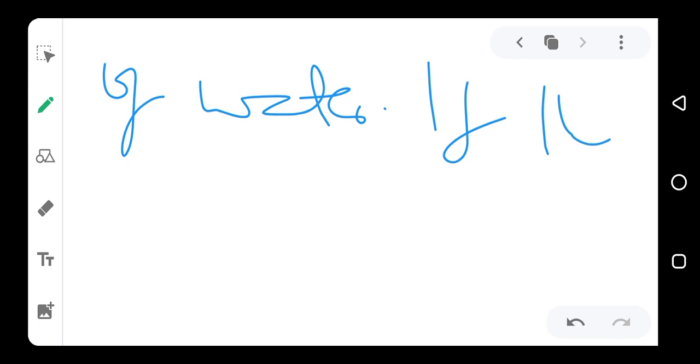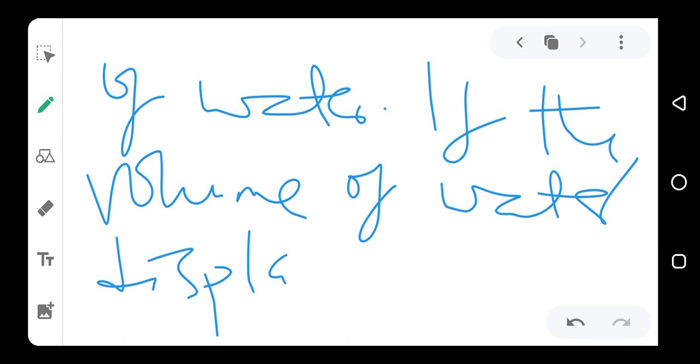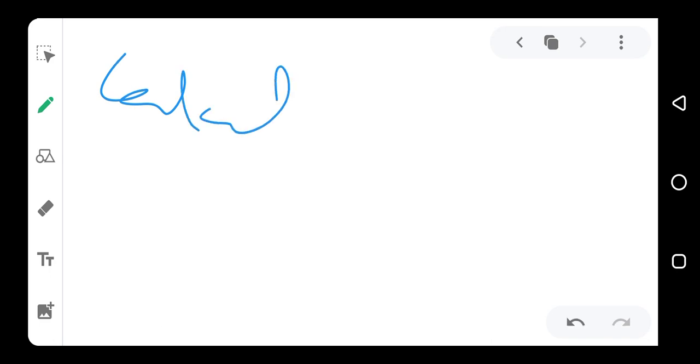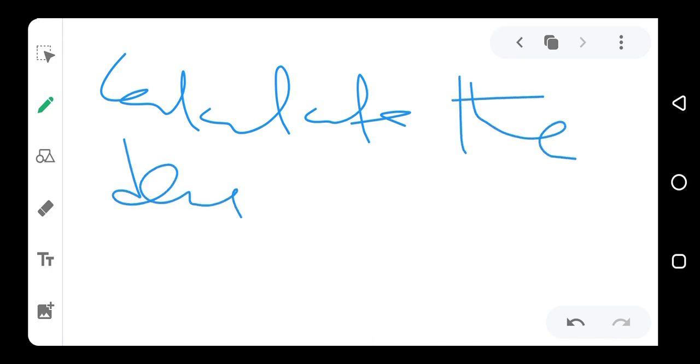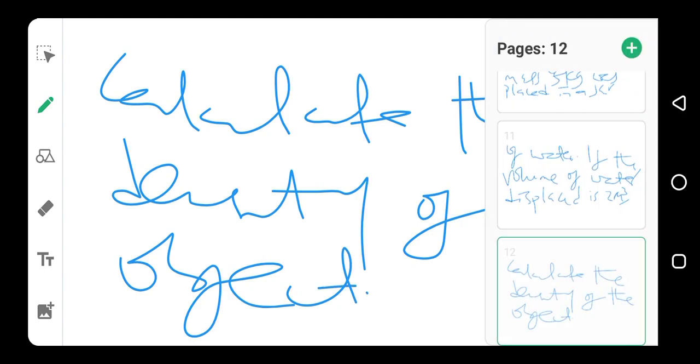If the volume of water displaced is 2 meter cube, calculate the density of the object. Now, solution.